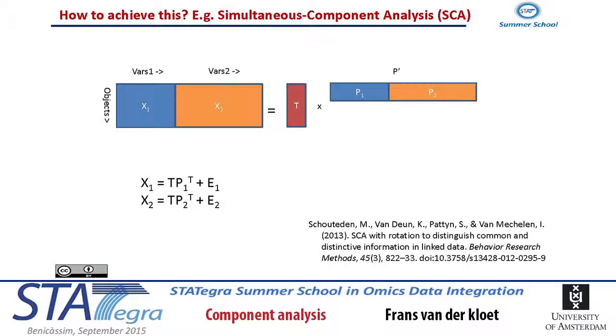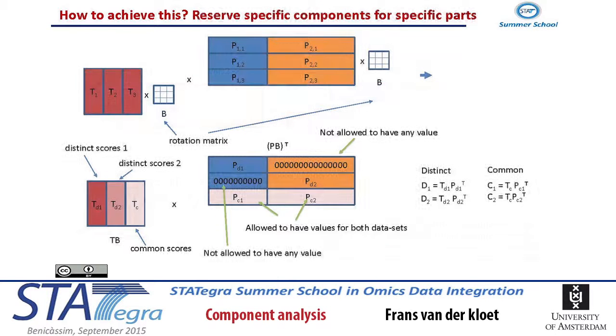So that's easy enough. This is the paper I'm referring to, in which they developed this, DISCO at least, which I will discuss here, because now of course I want to make them distinctive and common. And how do I do that? Well, therefore I use a rotation matrix, and actually that's exactly what I was talking about.